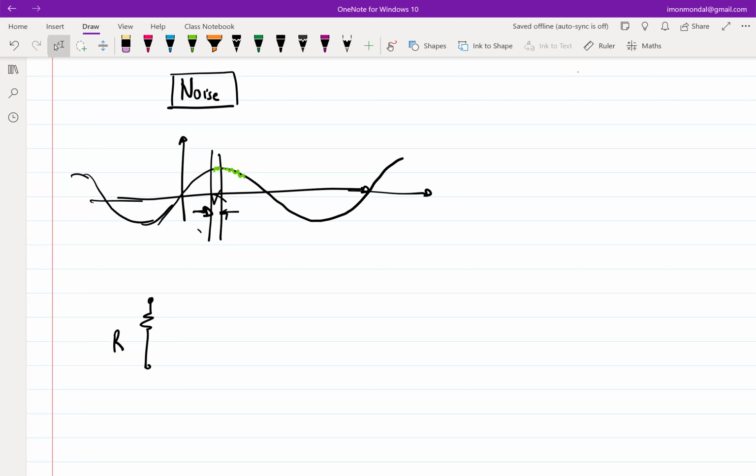Then obviously you can say that there is some correlation, some variance, some mean. If the mean doesn't change with respect to time and the variance doesn't change with respect to time, you may be able to associate some metric with it.